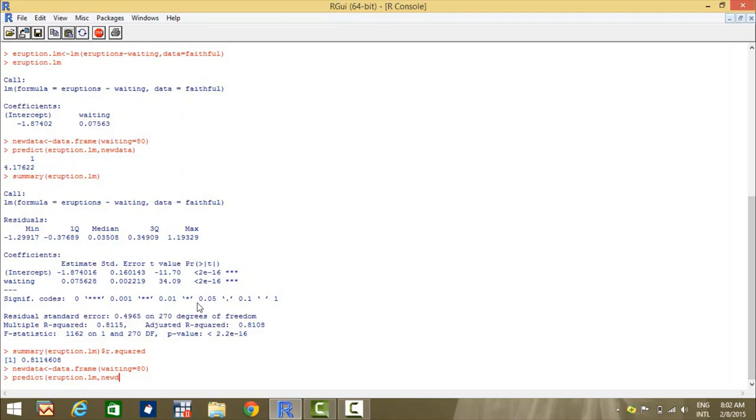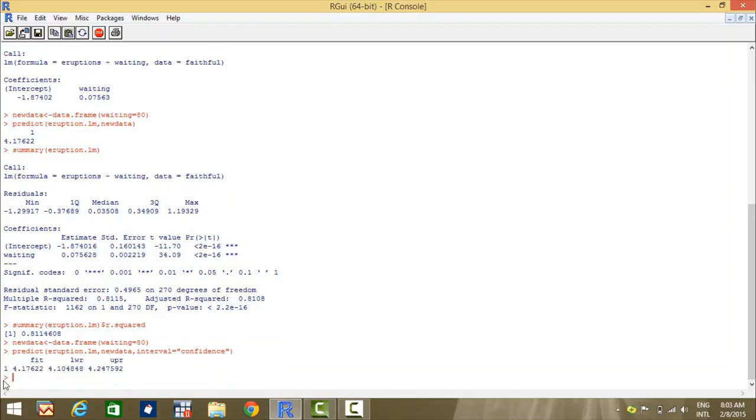So I write predict, eruption.lm, newdata, comma, interval is equal to confidence. When I explicitly mention that the interval which I am trying to estimate is a confidence interval, it will give me the 95% confidence interval estimates. So the result is as follows.